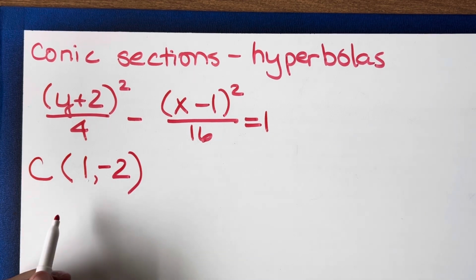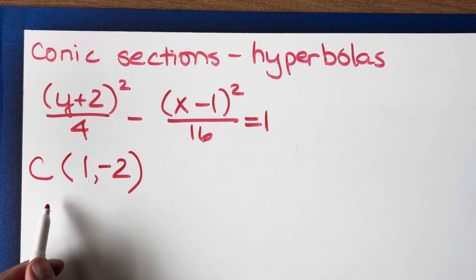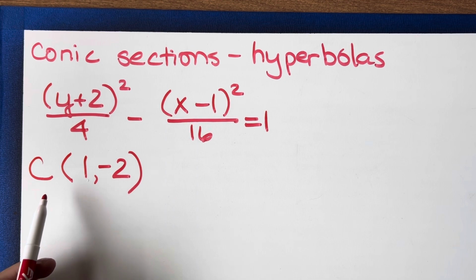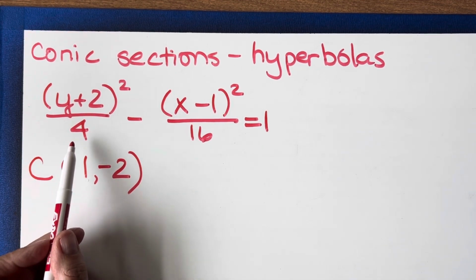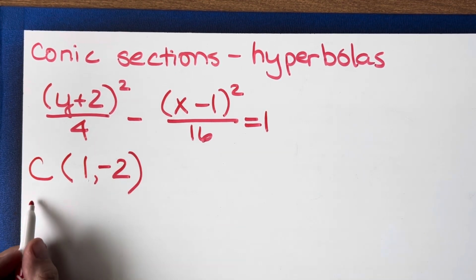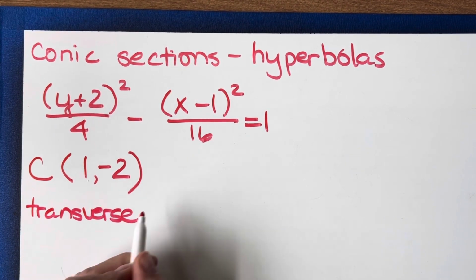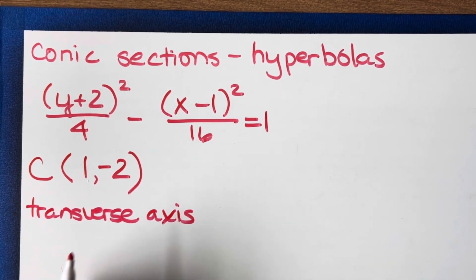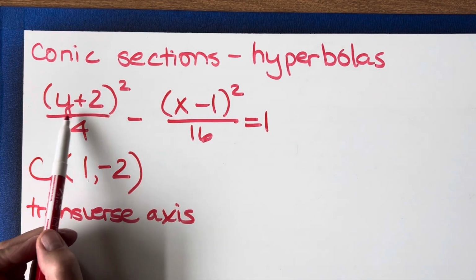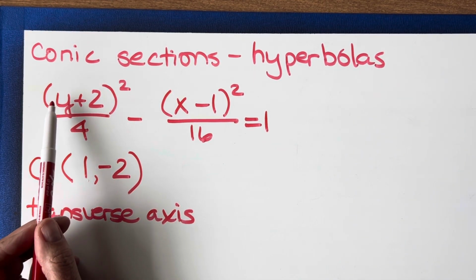Now, the other thing that is different with hyperbolas from ellipses is that in a hyperbola, we have what's called a transverse axis. And the transverse axis is going to be the orientation in which your hyperbola opens. And in a hyperbola, the transverse axis is always the one that is first in the problem.